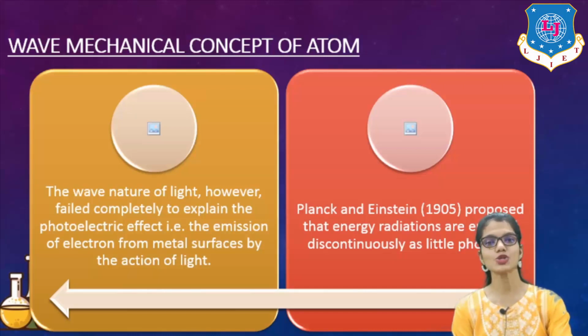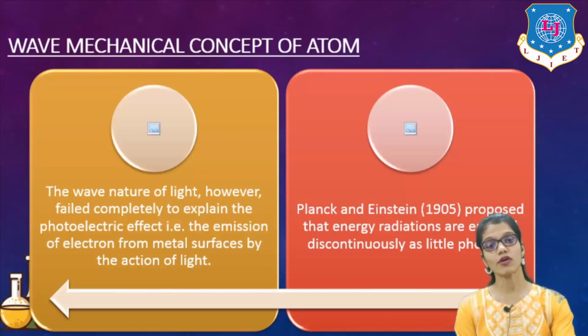To understand the particulate nature, two different scientists gave a theory. Planck and Einstein, in 1905, proposed that energy radiations are emitted discontinuously as little photons. What is the meaning of this? They showed that light moves as bundles of photons.